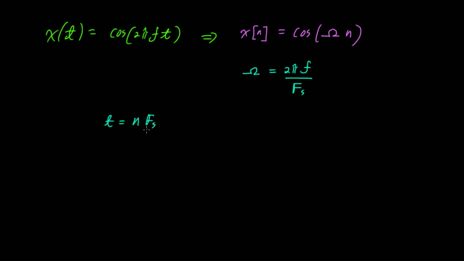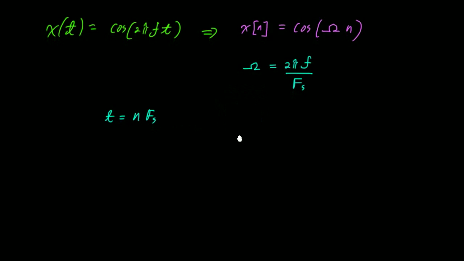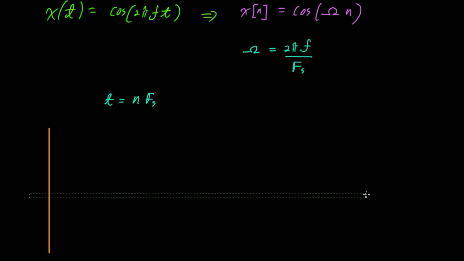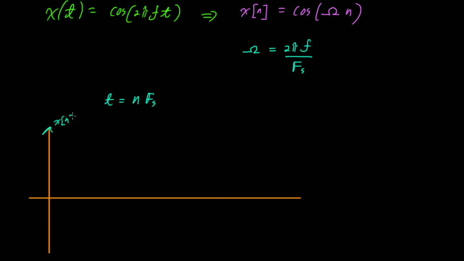All right, so when we were talking about aliasing then, if we draw out a cosine, if we're plotting x of n equal to cosine of capital omega n versus omega, what does this look like?